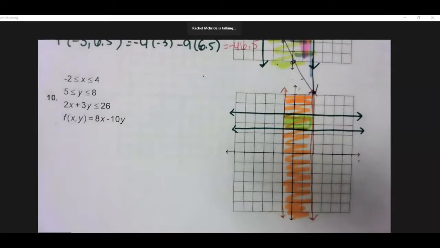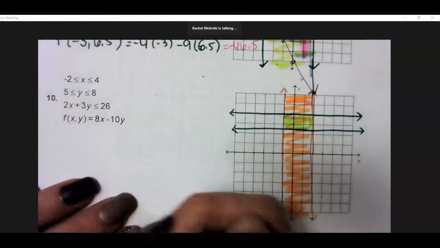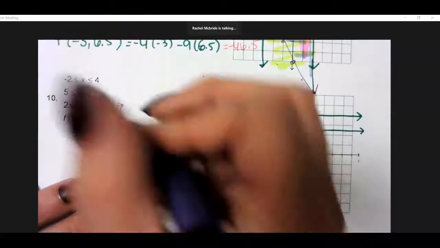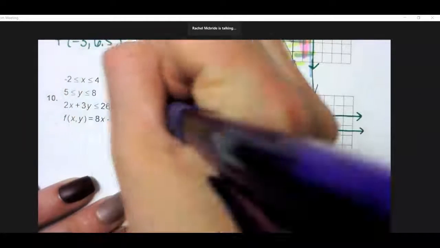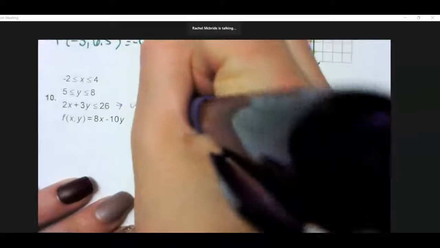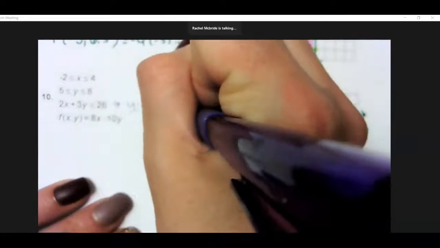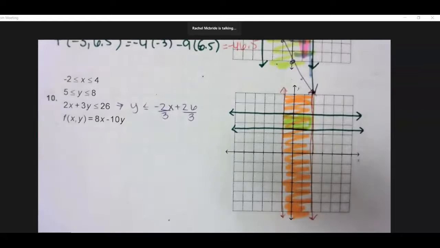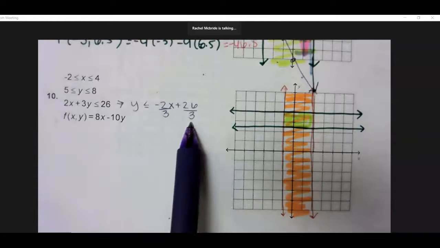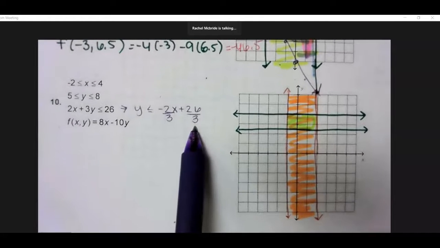And then our last equation, you could, again, plot your intercepts. You can solve this for Y. And one of the things I talked about the other day was that obviously 26/3 is not going to be a nice starting point.